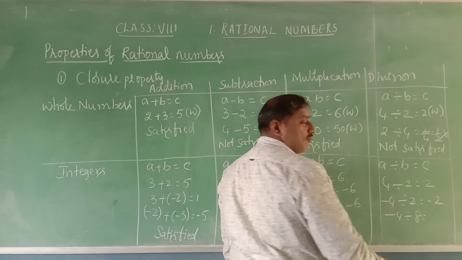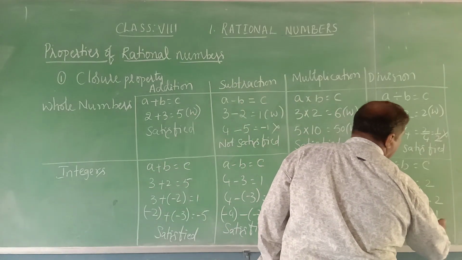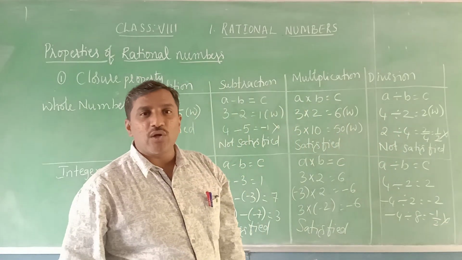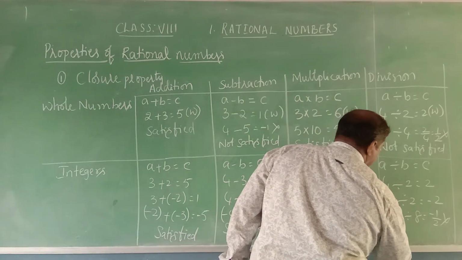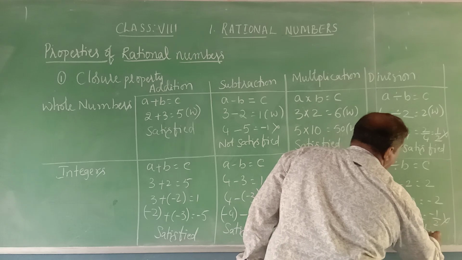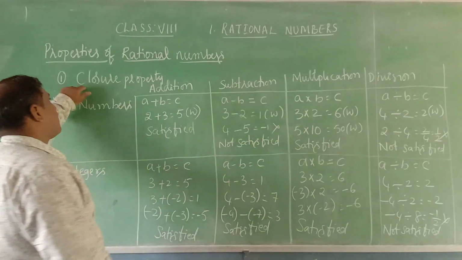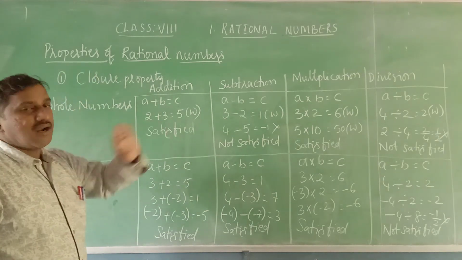Minus 4 divided by 8, we will get minus 1 by 2, which is not an integer. Therefore, it is not satisfied. Closure property is not satisfied by integers under division.